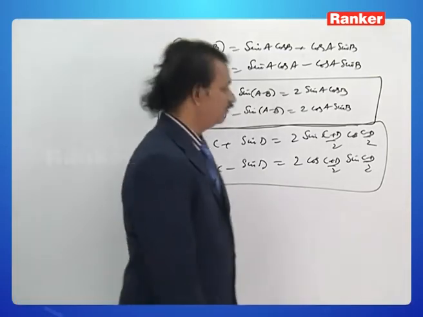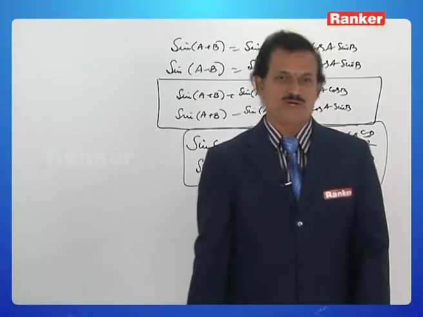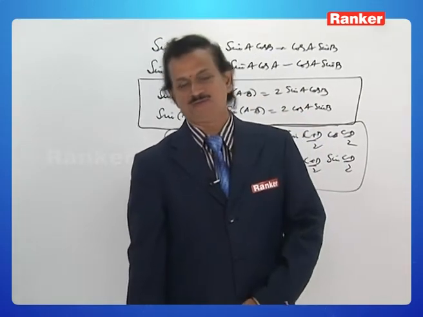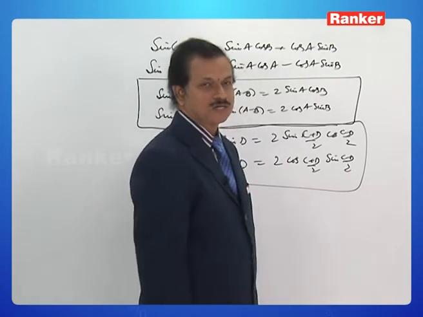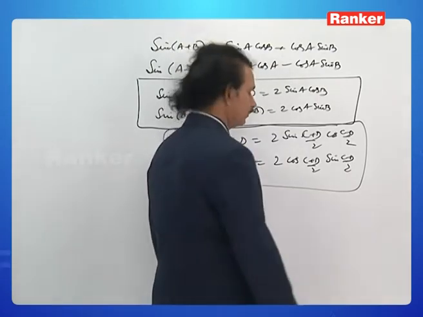Isn't it? So we have learnt about the sine function, sine of A plus B plus sine of A minus B and so on, sine C plus sine D and sine C minus sine D. Well, let us have a look towards the cosine function.